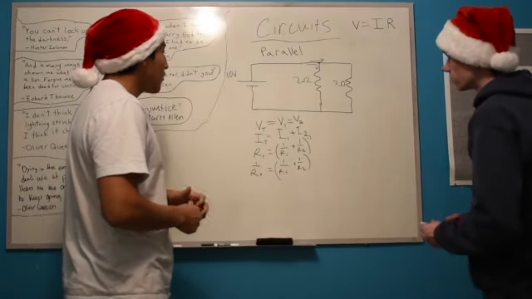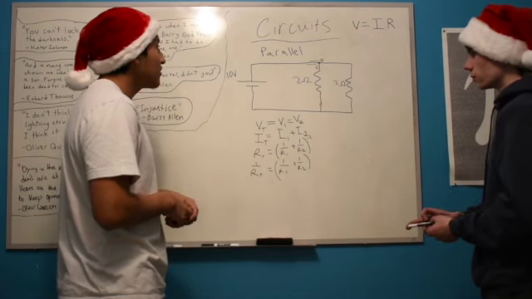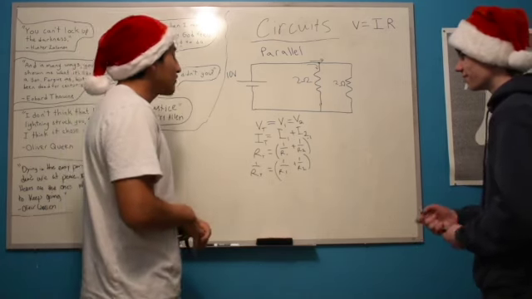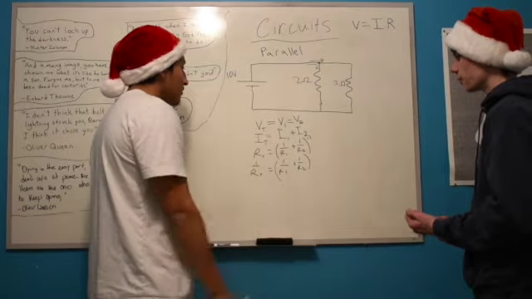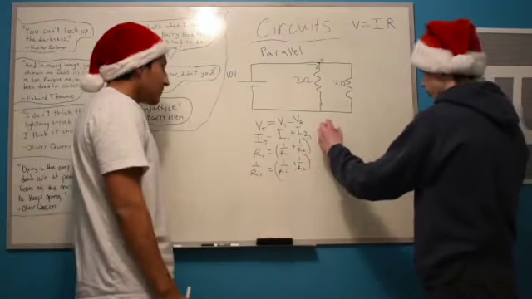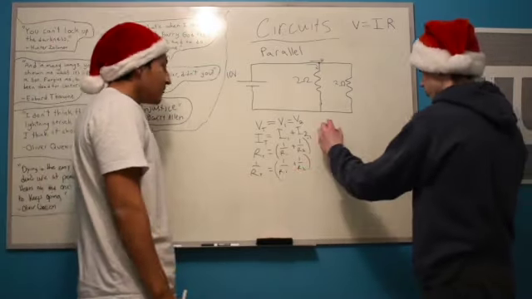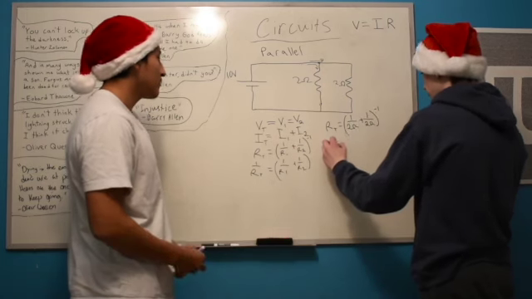So in this case, we could solve for total resistance first. The total resistance in this scenario would be equal to 1 over 2 ohms plus 1 over another 2 ohms, to the power of -1.